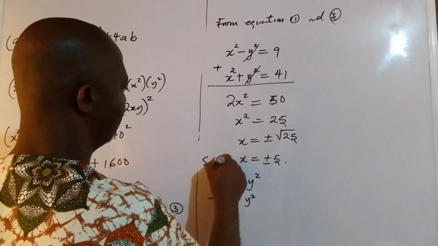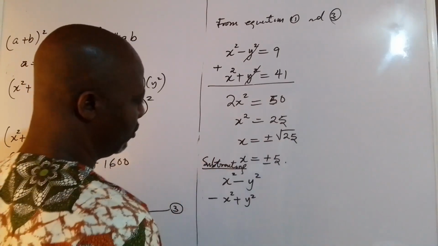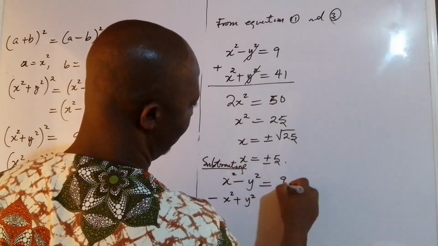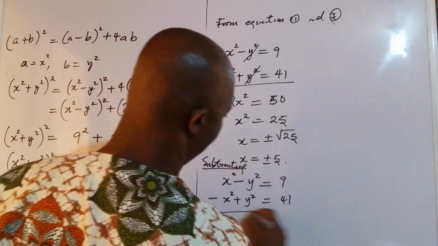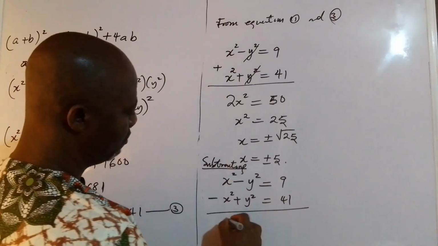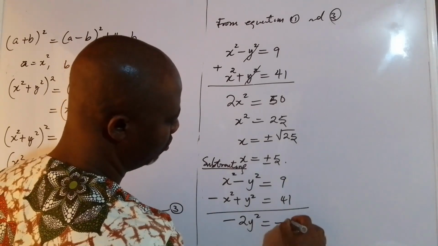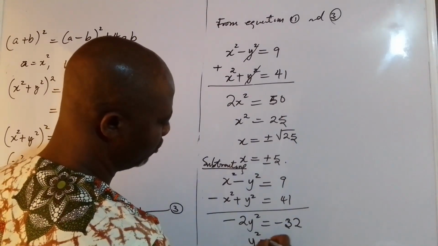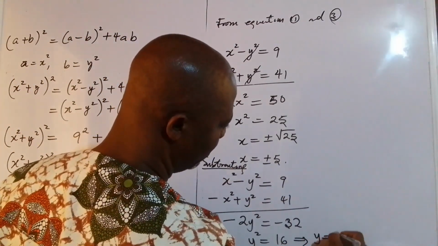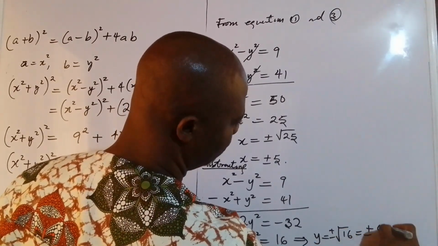Subtracting, we get 9 minus 41, so that will leave us with minus 2y squared equal to minus 32. And this will give us y squared to be 16. And what does that mean? It means y will be plus or minus the square root of 16, which is plus or minus 4.